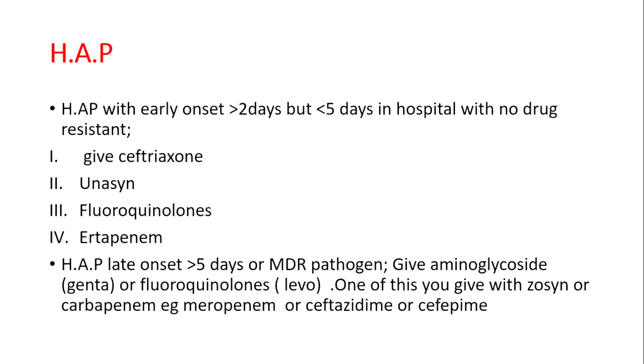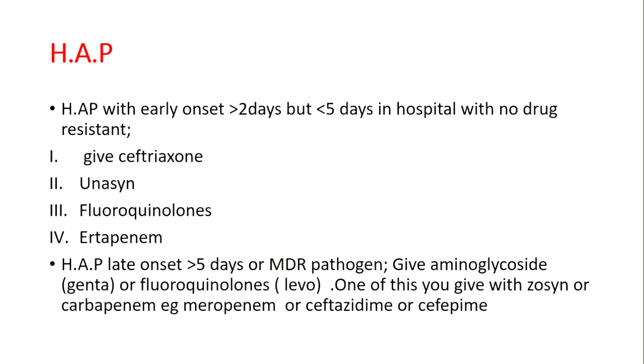So you can give fluoroquinolones or you can give gentamicin. Whichever one you give, you must add Zosyn, or you add a carbapenem, which includes meropenem, or cefepime or ceftazidime. And this is the management of late hospital-acquired pneumonia, and that's a pneumonia that develops after 5 days of admission, or also has a multi-drug resistant pathogen.